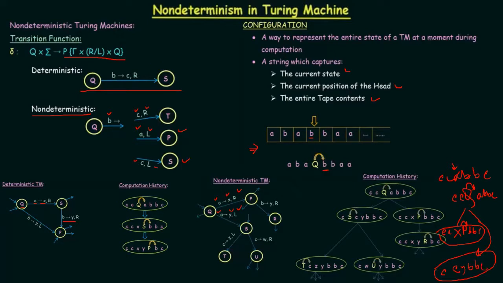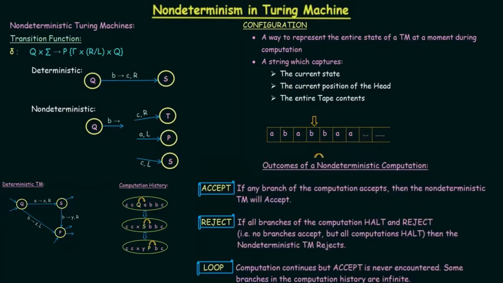Now, as I was initially here, I have replaced this with Y and I have to move to the right. So I will go over here. That is what I have shown over here. So that is how it is going to happen. What are the possible outcomes?